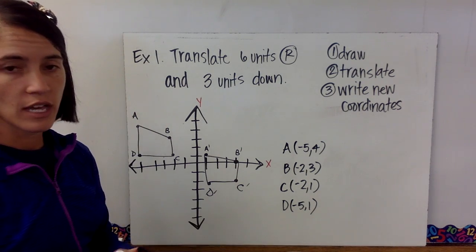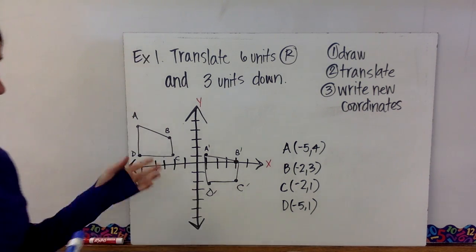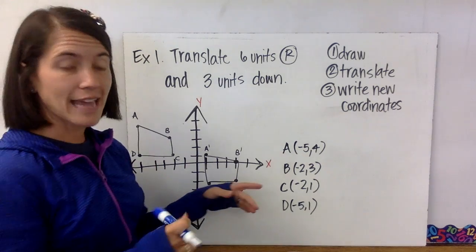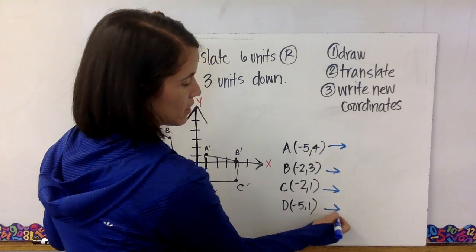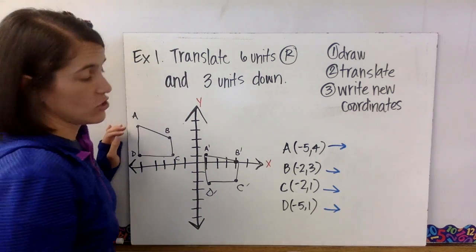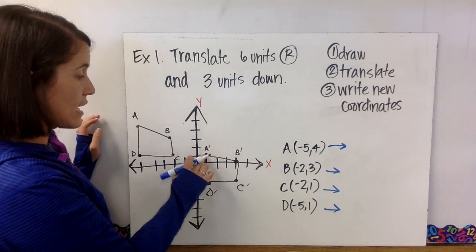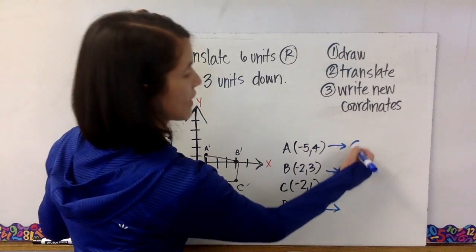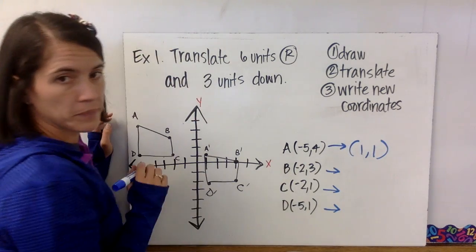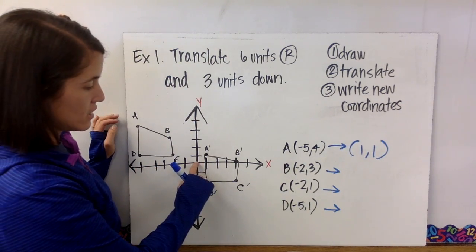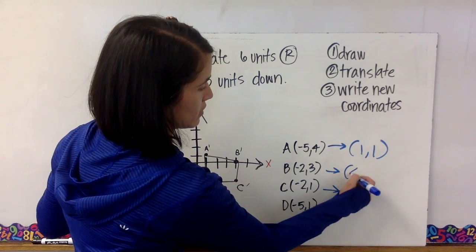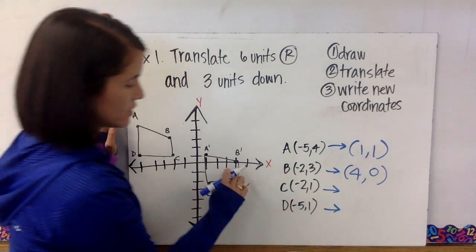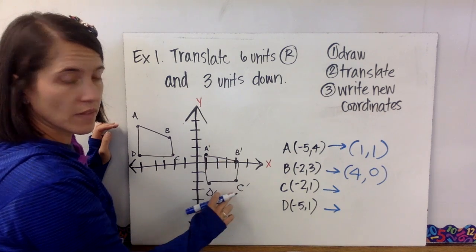Pre-image, image. And the shapes stayed congruent. They're still the same shape, same size. Now I'm going to write my new coordinates for the image, my new vertices. A is now 1, 1. B is 1, 2, 3, 4, 0. That's on the x-axis.